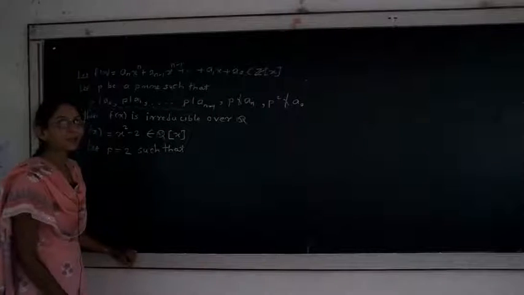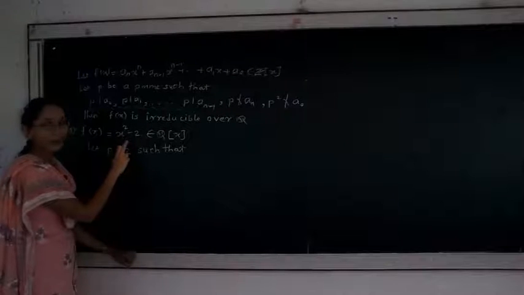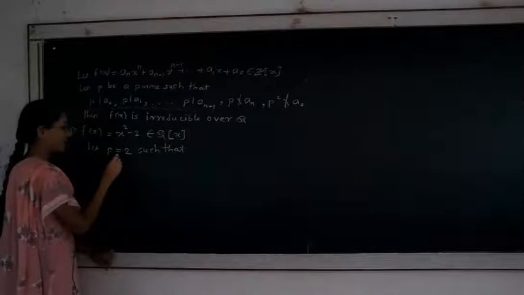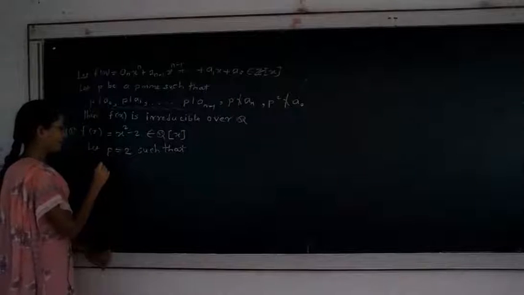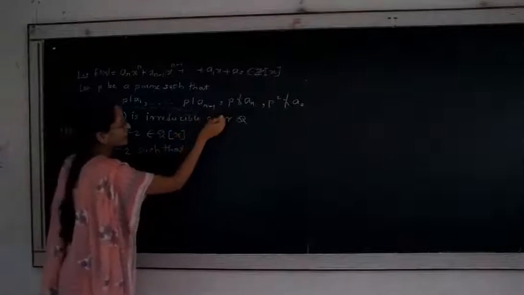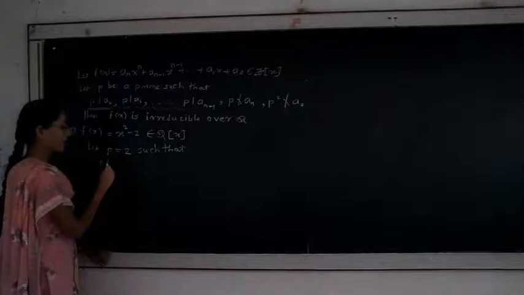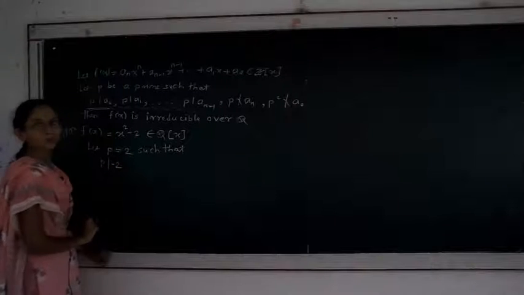Here the degree of f(x) is 2, therefore the value of n is 2. Hence p divides the constant term. See this condition, p divides a0, here the value of a0 is minus 2, and 2 divides minus 2.